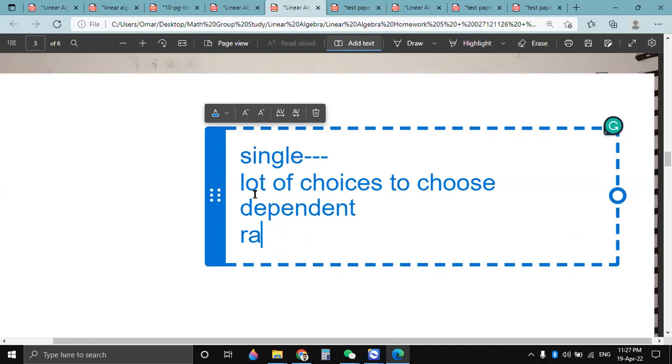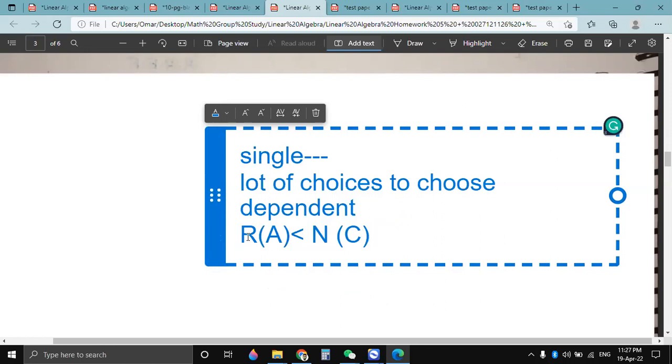I mean the rank of the matrix is lower than the number of columns. So rank of A is lower than the number of columns.